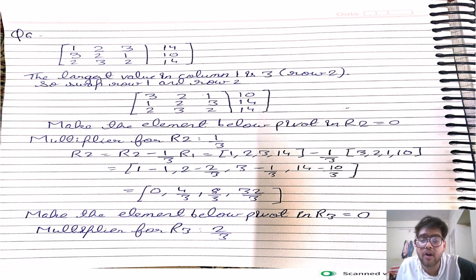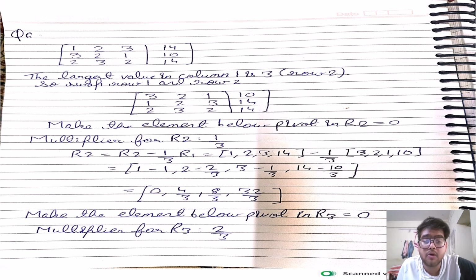So multiplier for R2 is 1 by 3. So R2 is equal to R2 minus 1 by 3 R1. So 1, 2, 3, 14 minus 1 by 3, and the values in R1, which are 3, 2, 1 and 10. So after calculations, we will get these values.